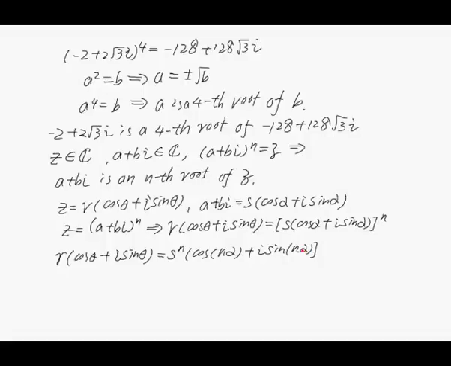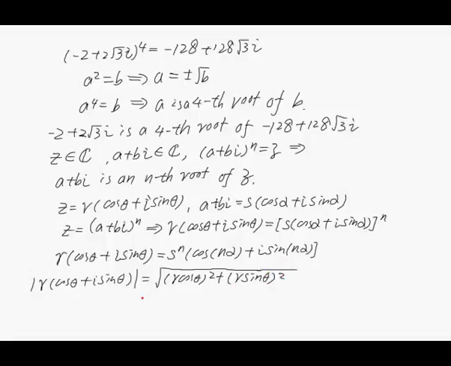Now, let's first take the moduli of both sides. So on the left side, the modulus of this complex number, r times cosine theta plus i times sine theta, is equal to the square root of the square of the real part plus the square of the imaginary part.